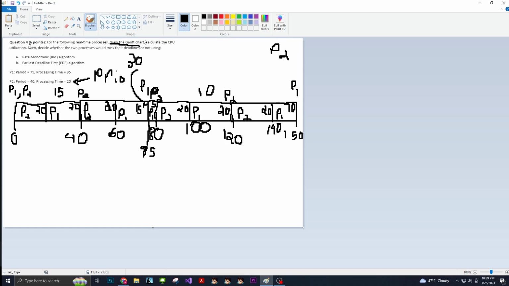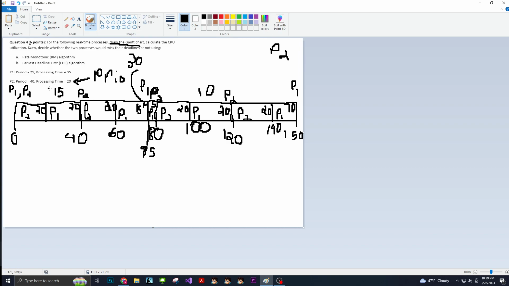All right. This question also asks us, would they miss their deadlines? Will these two processes miss their deadlines? It doesn't, because everything gets scheduled by the time the next process happens.